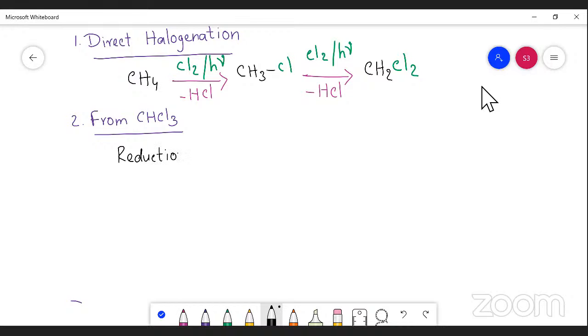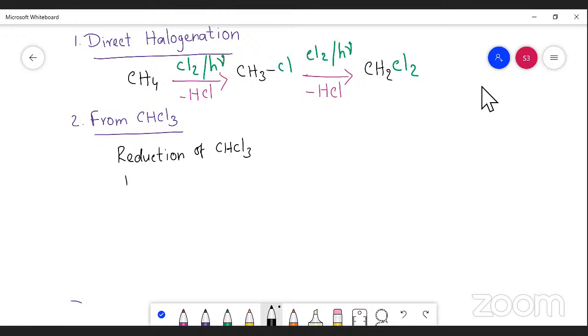So reduction of CHCl3. We want a reducing agent which will produce hydrogen. What is the reducing agent here?